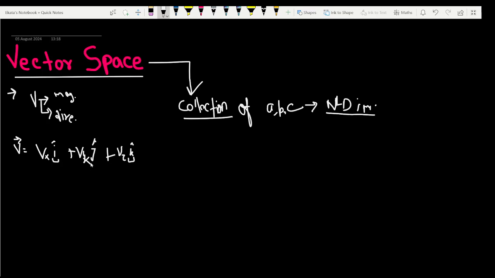What I'm trying to say is that for this particular vector V, i cap, j cap, k cap tell the direction: that the vector has this component in that particular direction. It means that vector spaces will also have some way of doing this. In vector spaces too we will have such unit vectors, which are called basis vectors. So basis vectors is just another name for unit vectors, and it is also a very important topic in vector spaces. Basis vectors: this is a very important topic, you know.